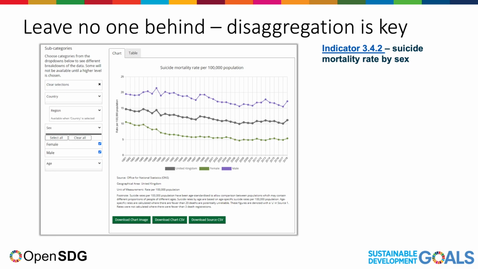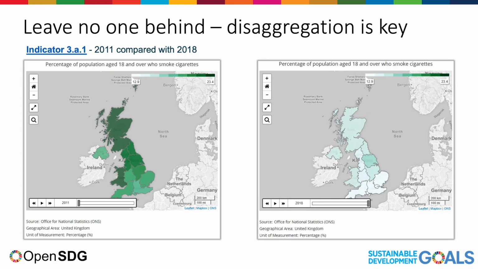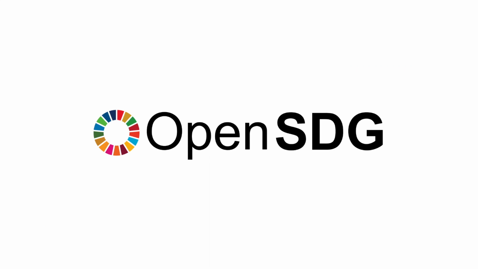And as I mentioned before, a lot of work on facilitating more disaggregation capabilities for the data, and even some map capabilities. So the UK Office of National Statistics really did a lot of work to improve the platform, and over the years, with the help of other organizations like the Center for Open Data Enterprise, this project ultimately developed into this open source project called Open SDG, which has now gotten to an official 1.0 release with additional versions and updates even beyond that.